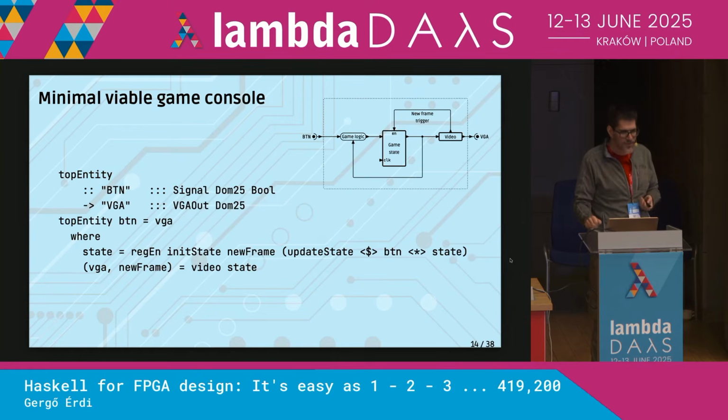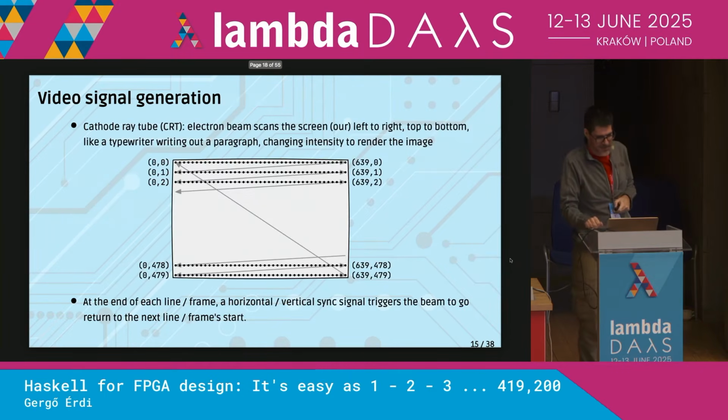And where do we get the new frame signal? Well, we get it from the same source that we get the video output from, which is the video signal generator. Of course, at this point, we haven't written the video generator yet, and we haven't written update state yet. But this is just the outermost layer of our design.